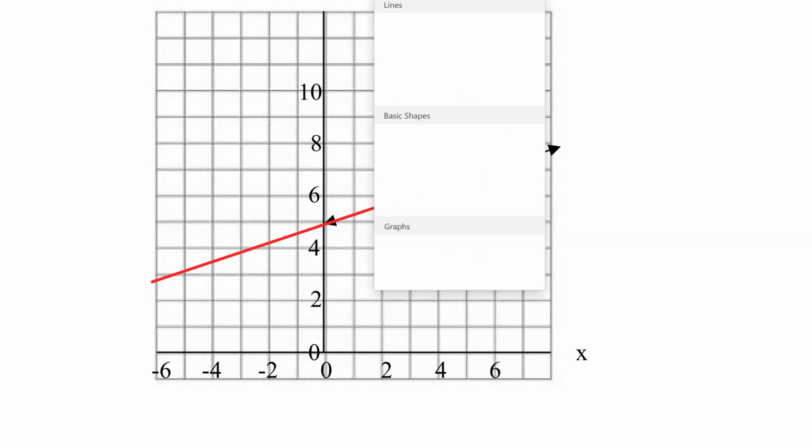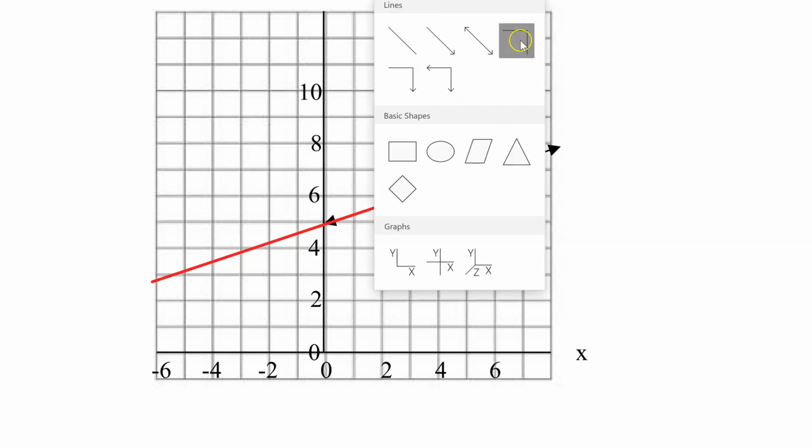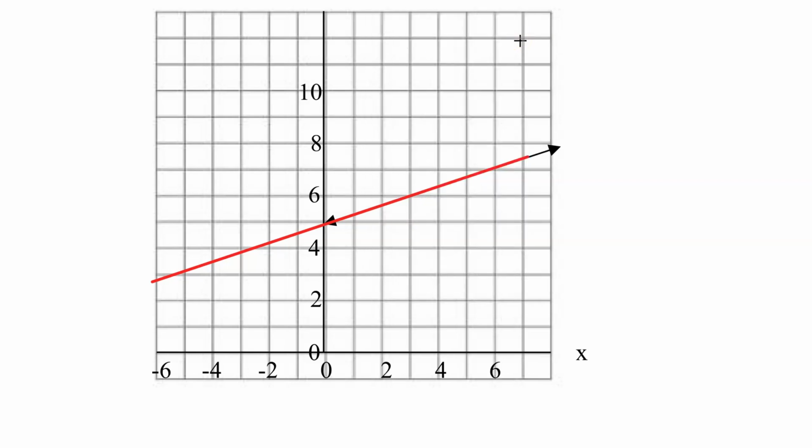Now we can go back to my tool. I want to use my right angle tool, and I'm going to be going from y of 3. Hold on, it doesn't want to cooperate. I'm just going to extend that down. So a y of 3, and now I'm going to stretch this out to see where I make contact with the line. So it's just past -5 there.